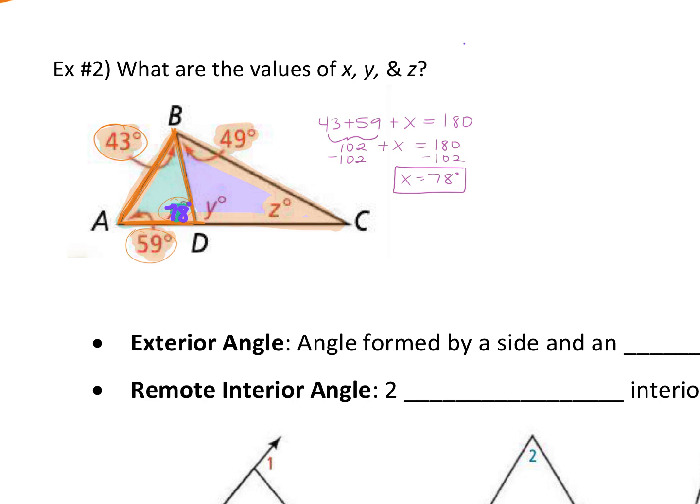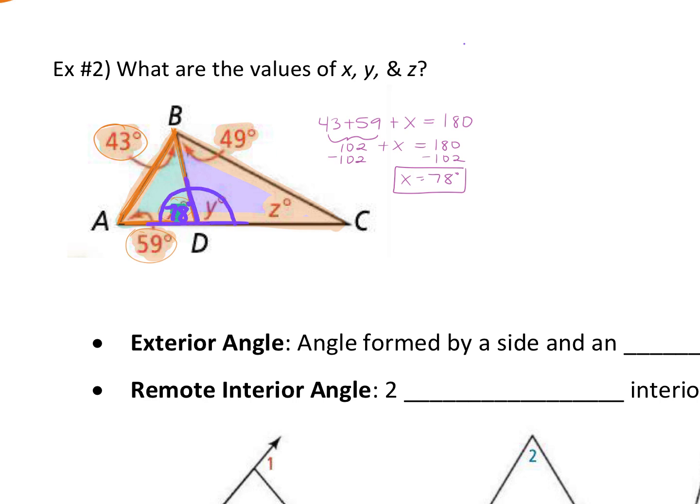Do you see a way to find y right now? Nick? Make 78 y also, because that's the same thing. They're not the same. Kieran, you subtract 78 from 180. Why? Because the two angles make a straight line. They're a linear pair, right? You have two angles here that are forming a straight line.